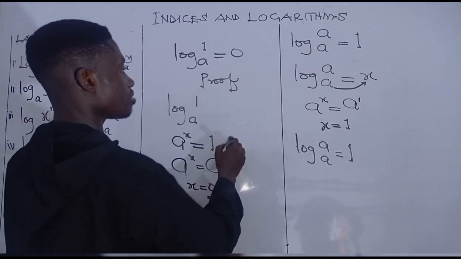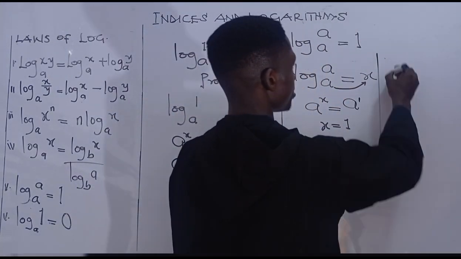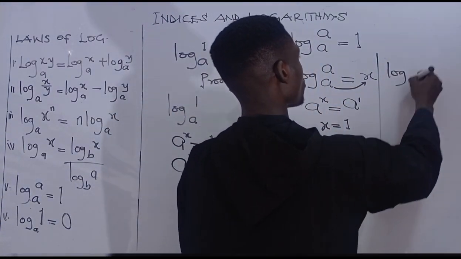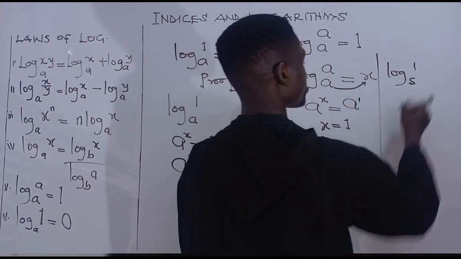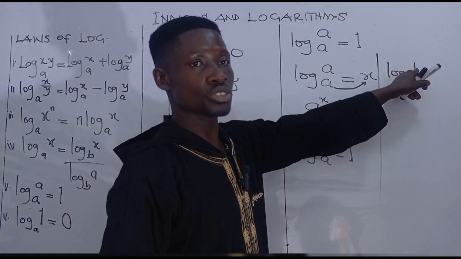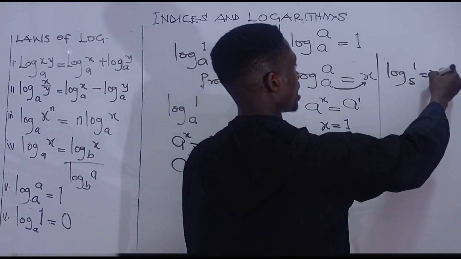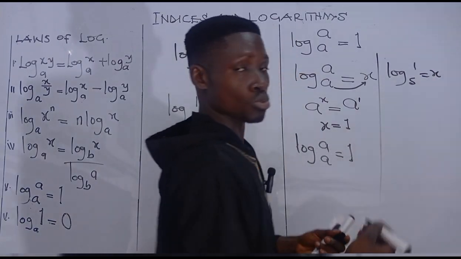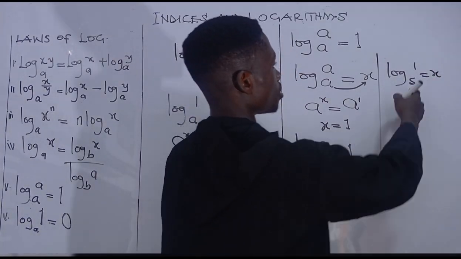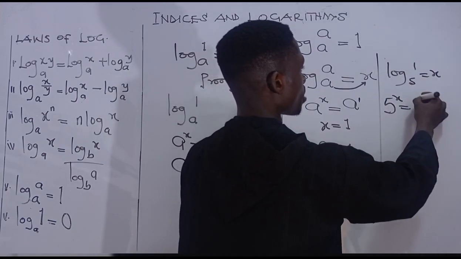Let's take it that you have log of 1 to the base of 5. Now this can be explained as: to what power must 5 be raised to give us 1? In other words, we can equate this to x so that we convert this to an exponential form. So we have 5 raised to the power x is equal to 1.